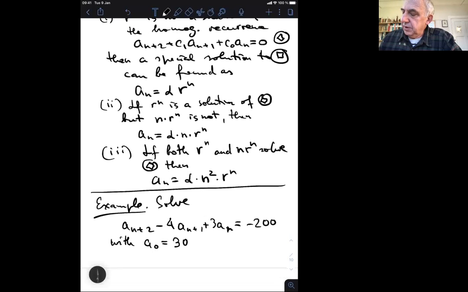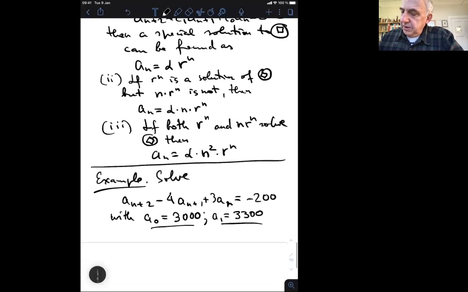I want a_0 to be 3000, and I want a_1 to be 3300. This is necessary to define the parameters in our general solution in a unique way.